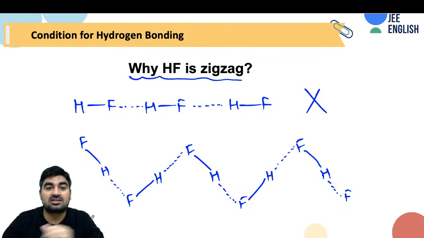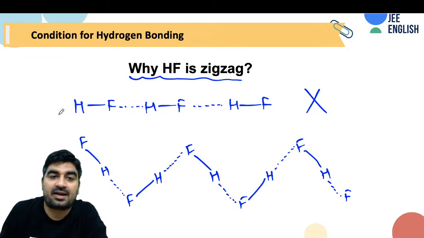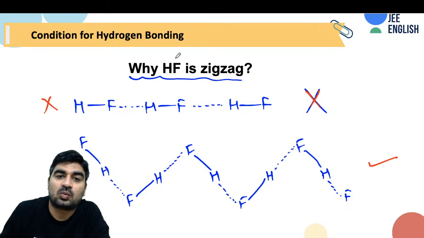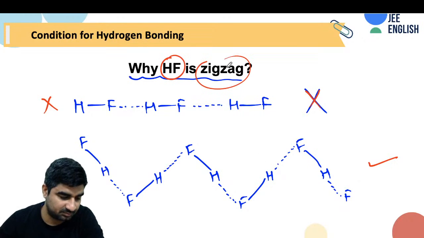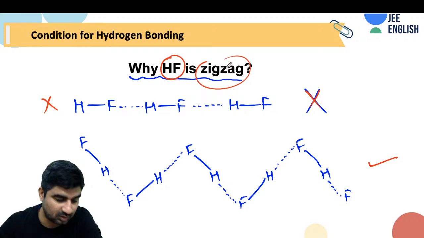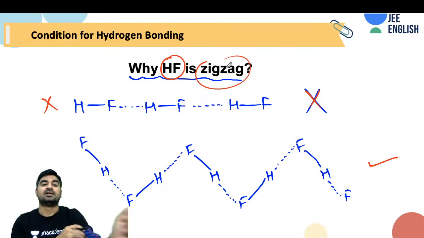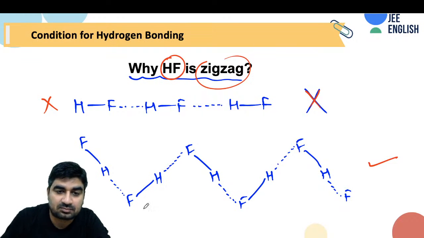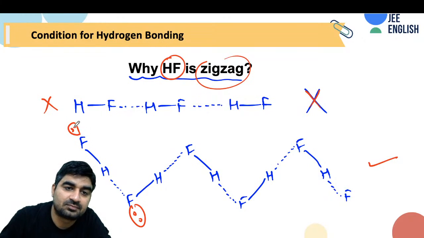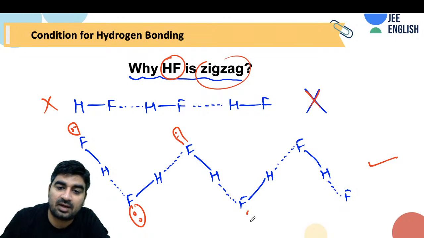What kind of repulsions are you talking about? Actually, this is not like it, and this one is right. Why is HF zigzag? No, Tharian, no. Actually, now I will tell you. These fluorines will also have lone pairs, right?